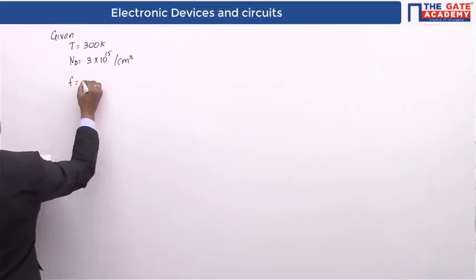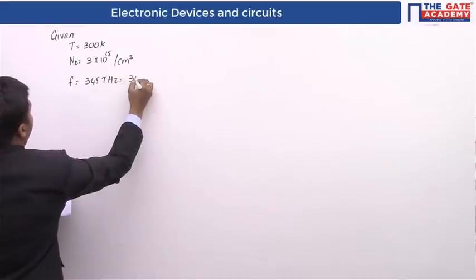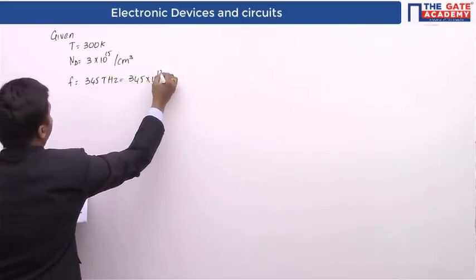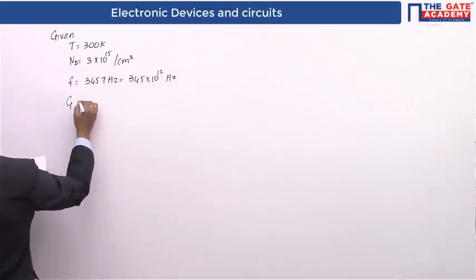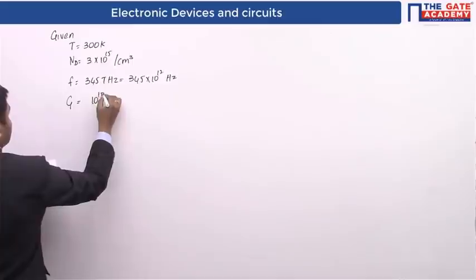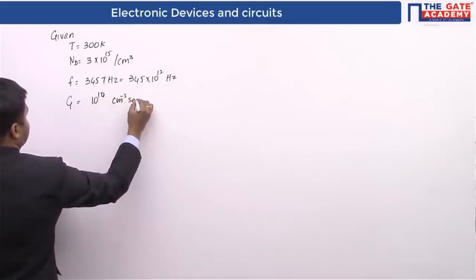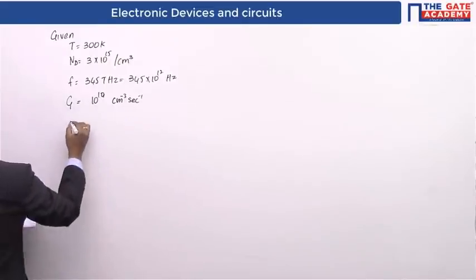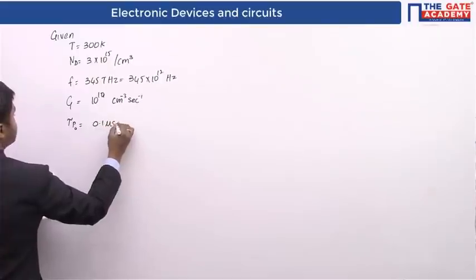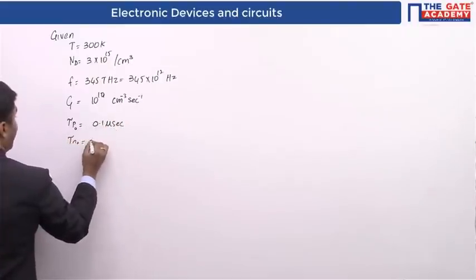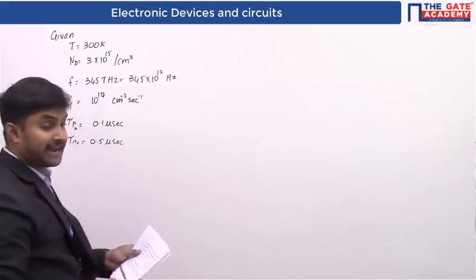Frequency of operation is 345 terahertz, which means 345 into 10 power 12 hertz. The generation rate is 10 power 19. The carrier lifetimes: tau P naught is 0.1 microseconds, tau N naught is 0.5 microseconds. Velocity of light is 3 into 10 power 8 meter per second.